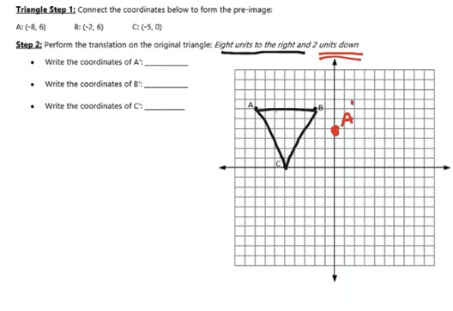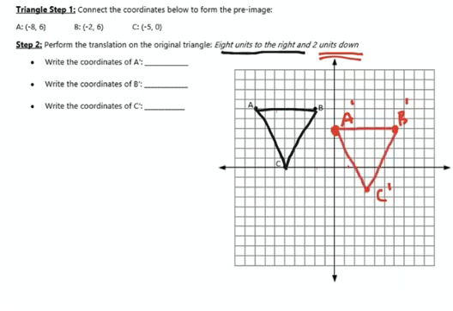Okay, and then B, we're going to move 8 units to the right. 1, 2, 3, 4, 5, 6, 7, 8, and 2 units down. You should end up across from A prime. And again, if I'm going too fast, you can pause it and try it on your own if you'd like, and then check at the end. Then C, we would move over 1, 2, 3, 4, 5, 6, 7, 8, and move down 2. Okay, so we'd have C prime. And then you can connect.